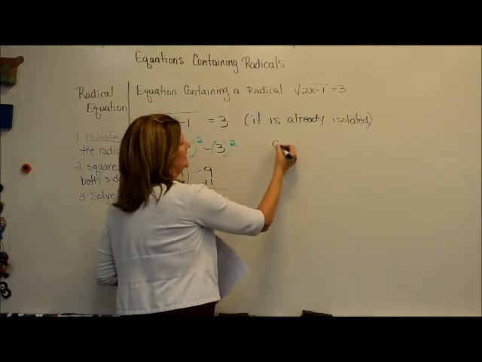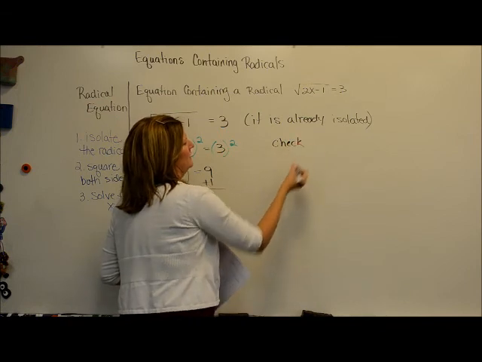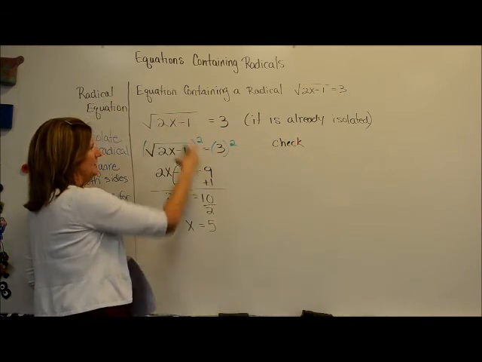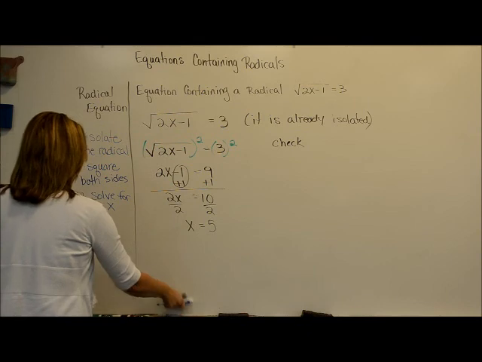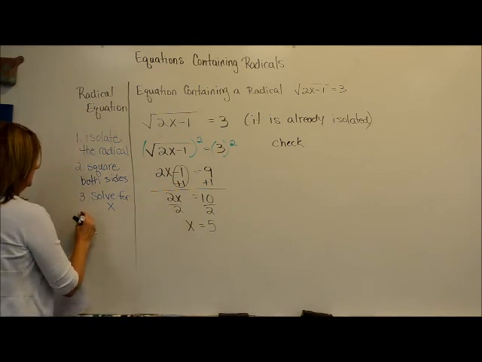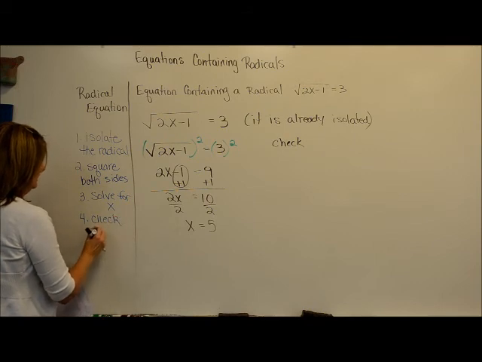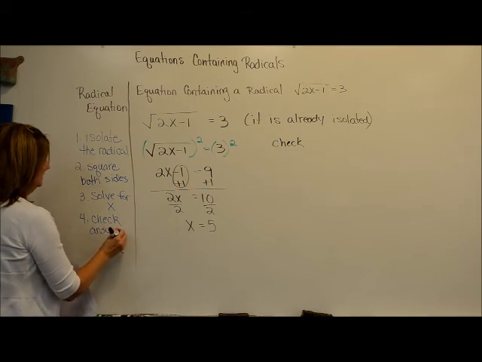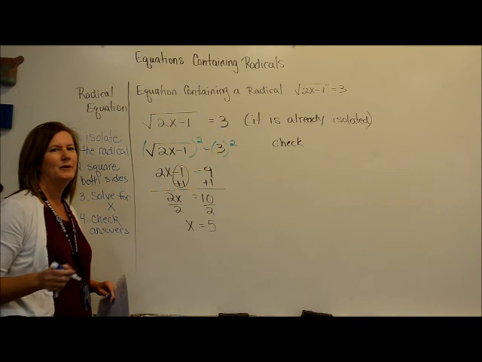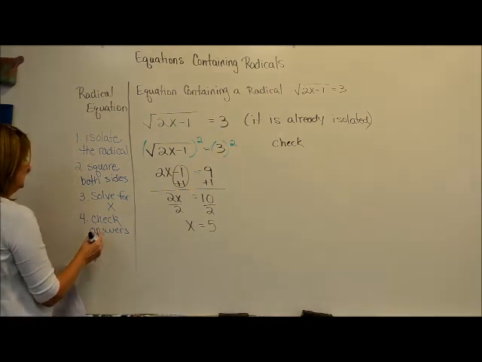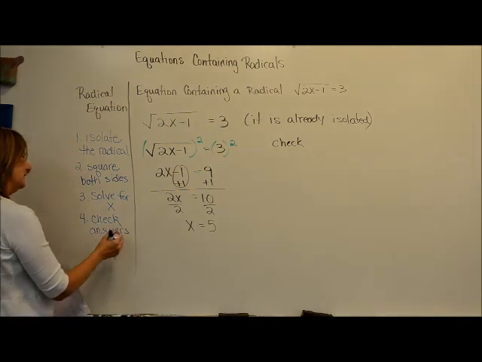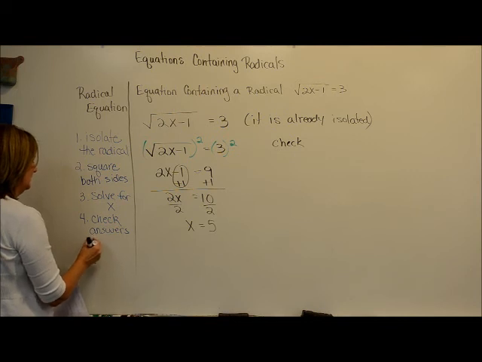So here's my check. I'm going to take this 5 and put it back into the original equation. So my step 4 is check answers, plural. This one only has 1, but we're going to get some that have more than 1. Check answers.